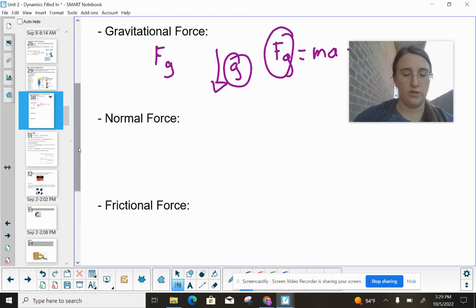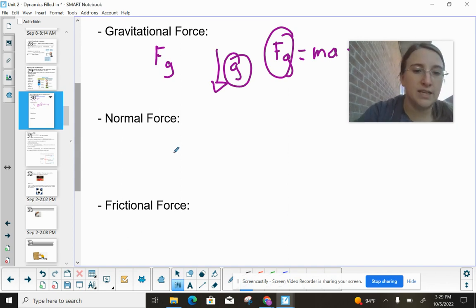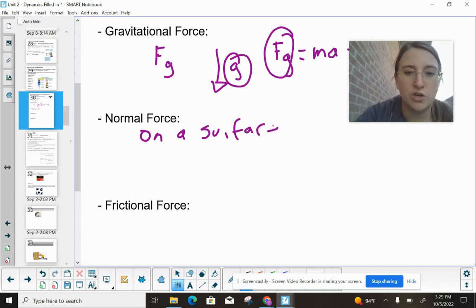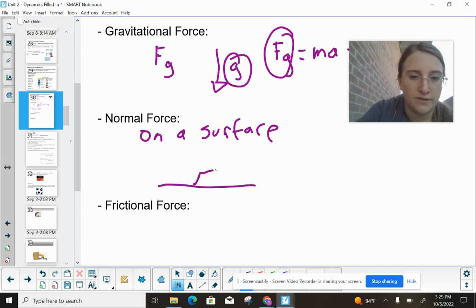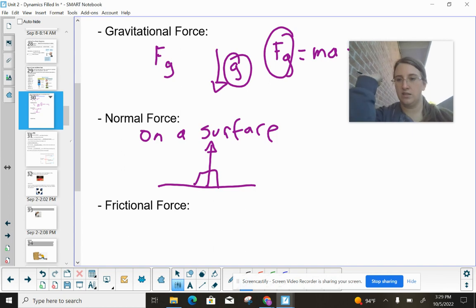The normal force is a new force you might not know about, but we're going to talk about it a lot more in class. The normal force is whenever I have a surface on a surface. If there's no surface, there's no normal force. But if I have an object on a surface, the normal force is the surface pushing up against the object.